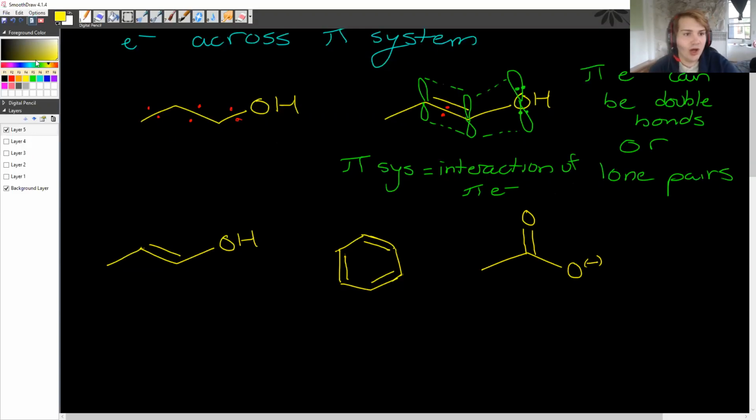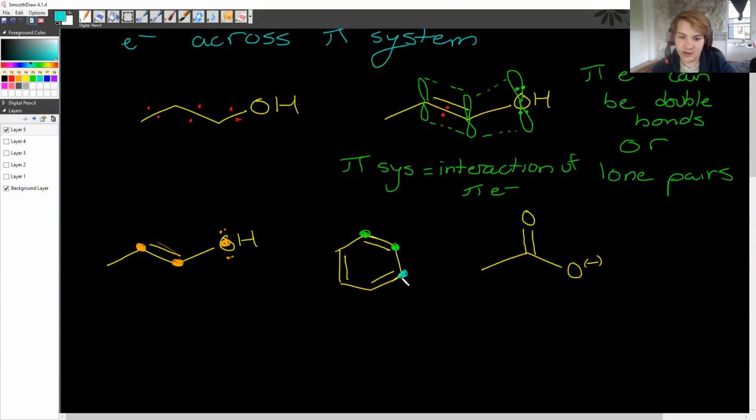What I want you to know is that we're putting dots on all of the atoms that have lone pairs or double bonds. So these carbons are involved in a double bond, and this oxygen has at least one lone pair. This benzene ring, well, this carbon is involved in that double bond.